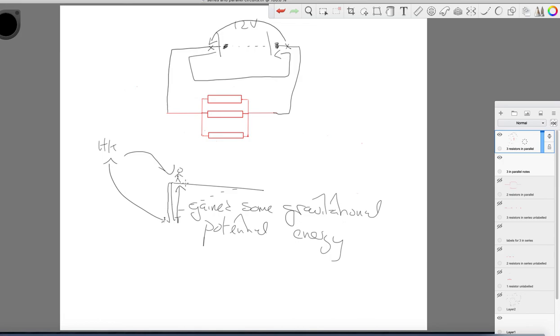I started here, I finished here, and I gained the amount of gravitational potential energy that is down to this change in height. That's how it works. The same thing happens here. When you go from here to here, you will lose the same amount of energy. It doesn't matter whether the current goes through this one, or this one, or this one. Going from here to here, 12 volts will be dropped.